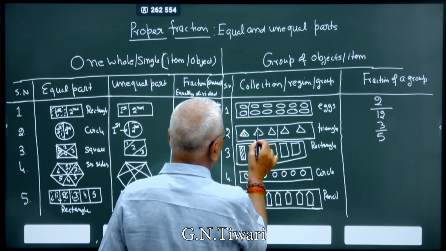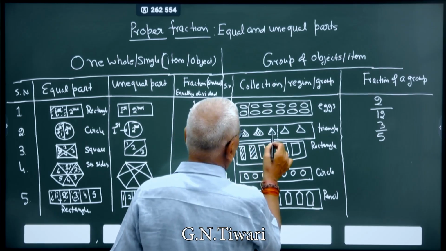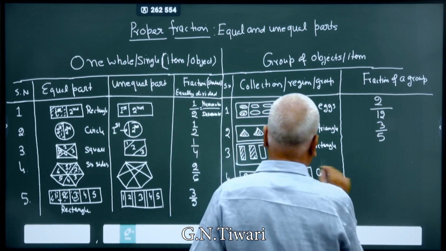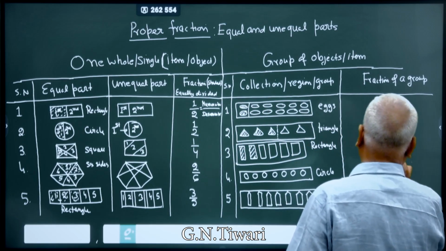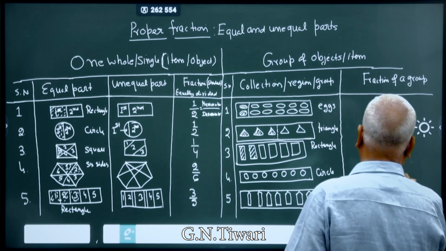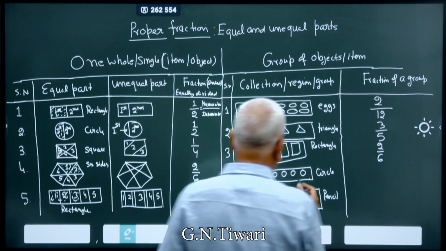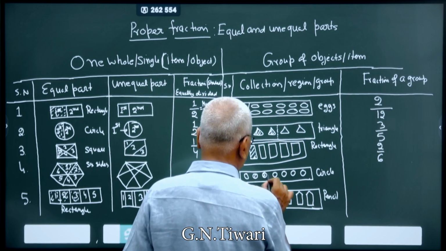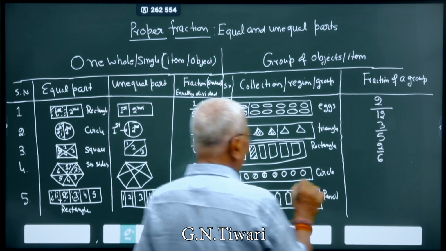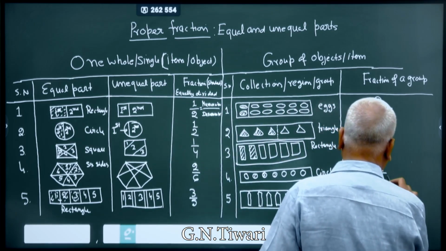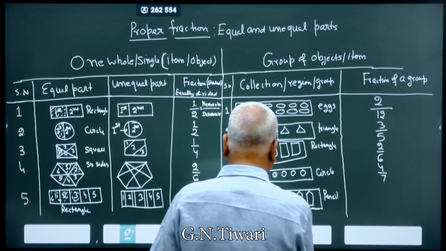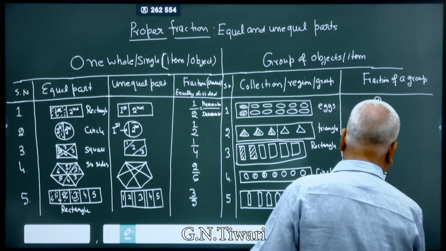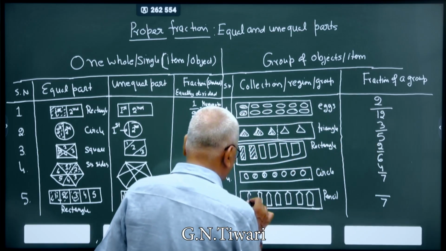This is the shaded part. So again it will be 2 by 6. Here again, suppose 4 parts, so it will be 4 by 7, counting 1, 2, 3, 4, 5, 6, 7. Suppose you want to give 1 pencil.